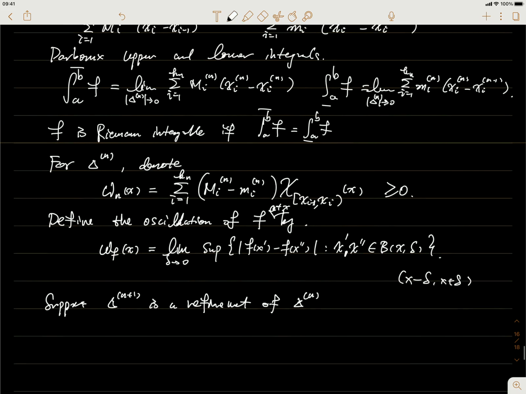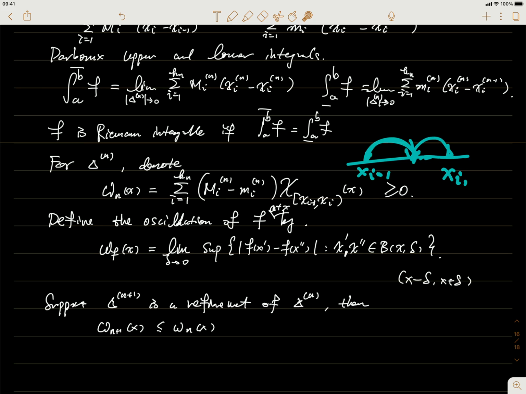For this one, we can show that W_{n+1}, corresponding to the refined partition delta n plus 1, is smaller than or equal to Wn of x. This can be easily seen: if we take a refinement, for example adding one more point between x_{i-1} and x_i, then I need to consider the sum over this part and then this part.